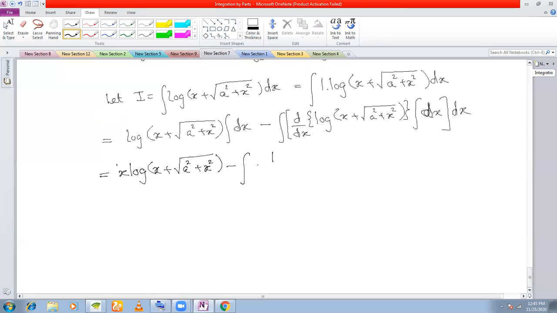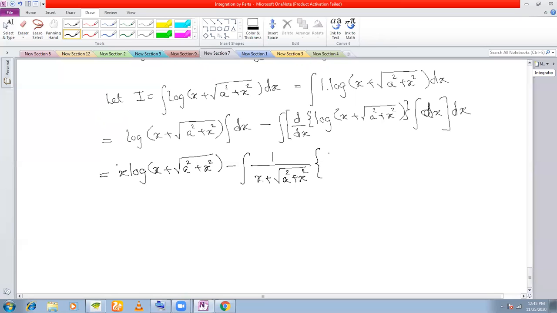First you differentiate log to get 1 by (x plus root of a square plus x square). Now you differentiate whatever is within the log. What is within the log? You have x plus root of a square plus x square.